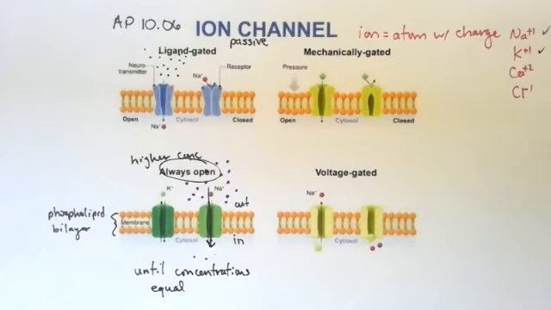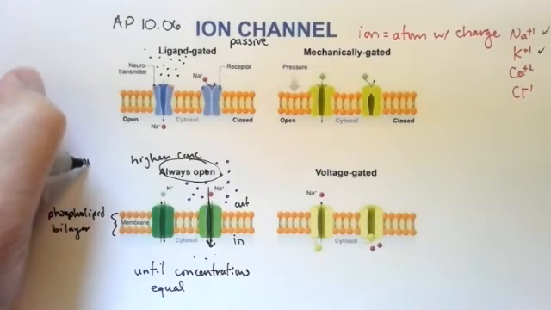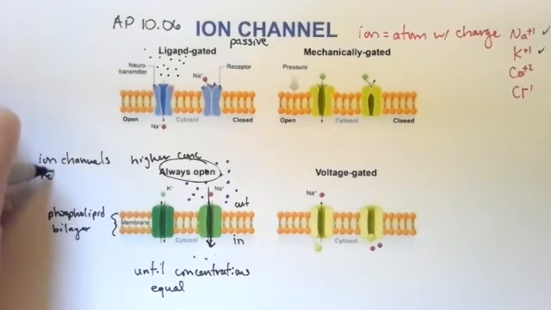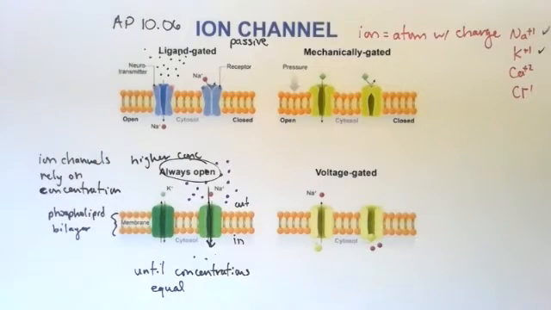So these rely on concentration gradient. So ion channels rely on a concentration gradient.